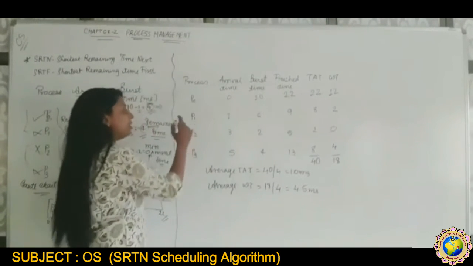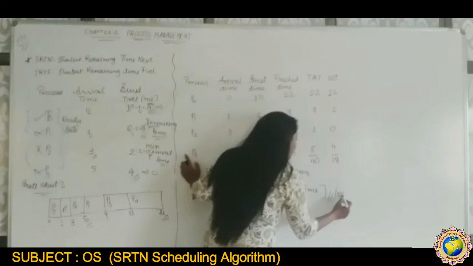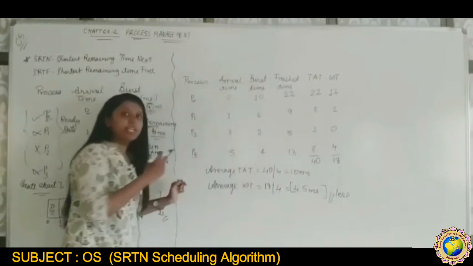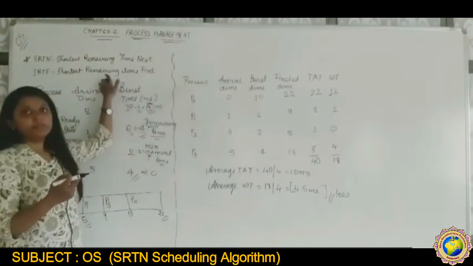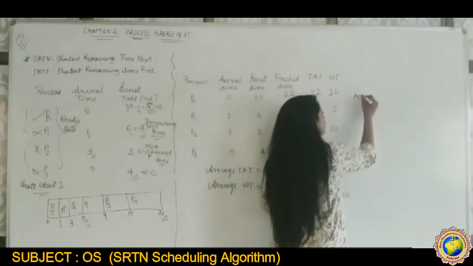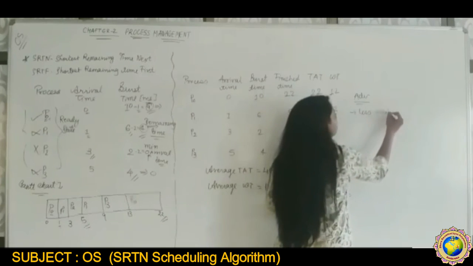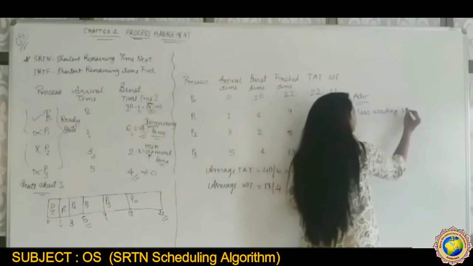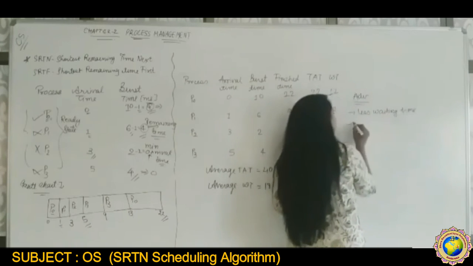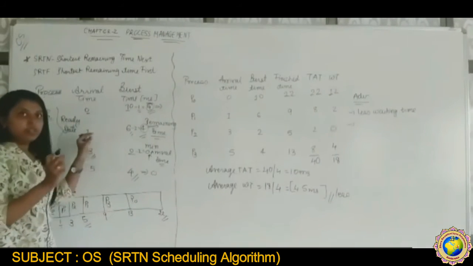Now we have found the average waiting time, which is less, and this is the advantage of SRTN. The advantages of SRTN: first, less waiting time, and it's good for short processes, right?